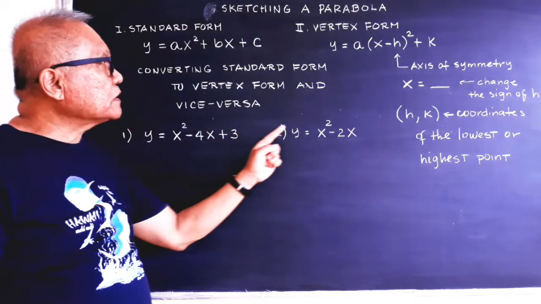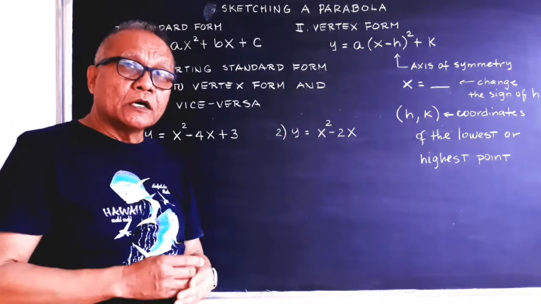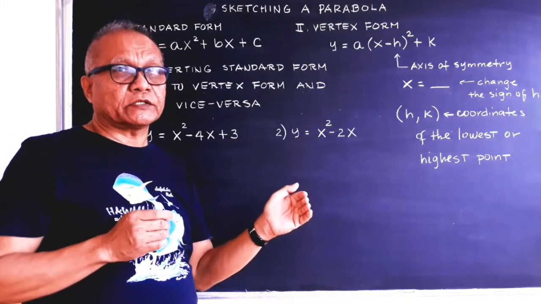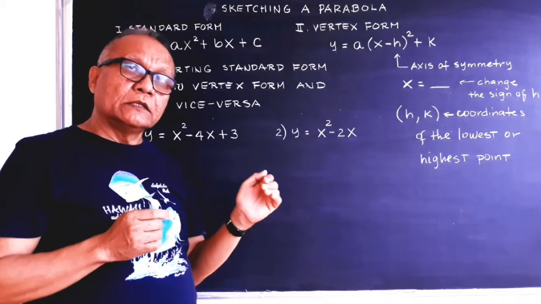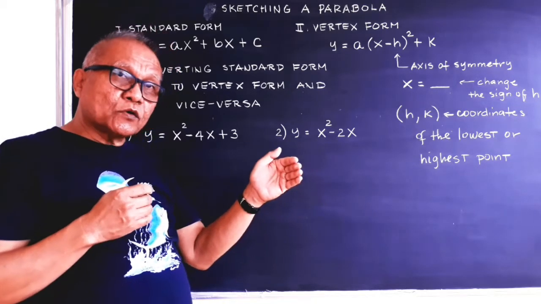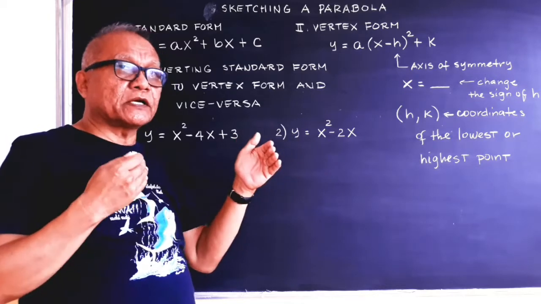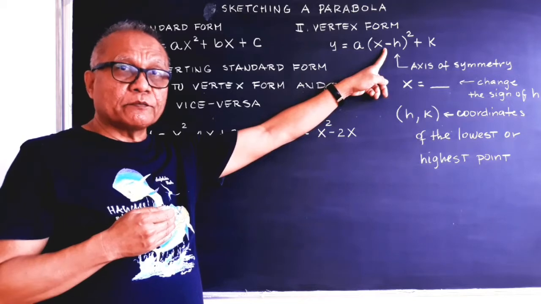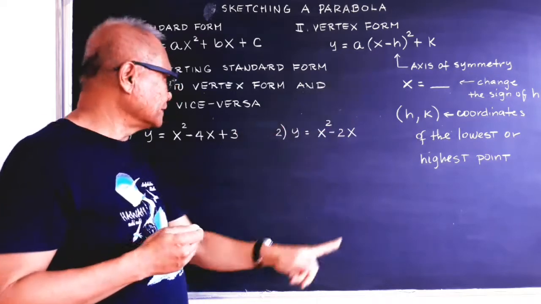So to write this one in vertex form, you should know how to make a perfect square trinomial. If you know how to factor the perfect square trinomial, then you know that it becomes the square of a binomial. Okay.